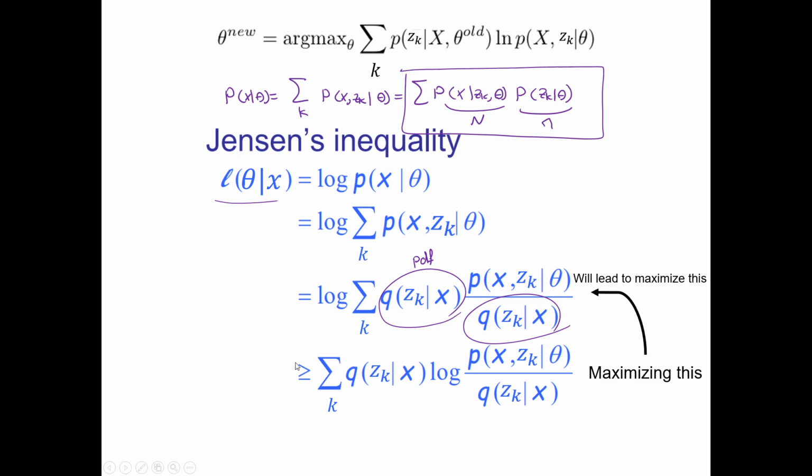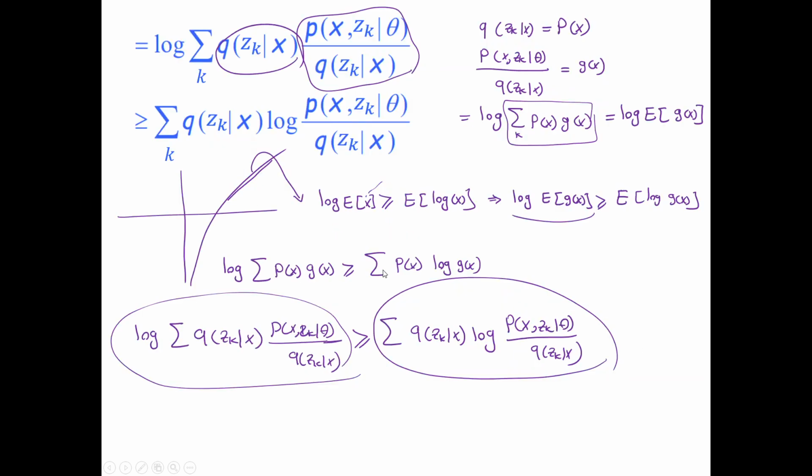And then what theorem do I use to go from this equality to an inequality? We use Jensen's inequality, right? In our previous session, I mentioned how we can use Jensen's inequality. Remember that I did the change of variable here. Q of zk given x became p of x, and this one, g of x. So if I replace it here, what is the definition of this?